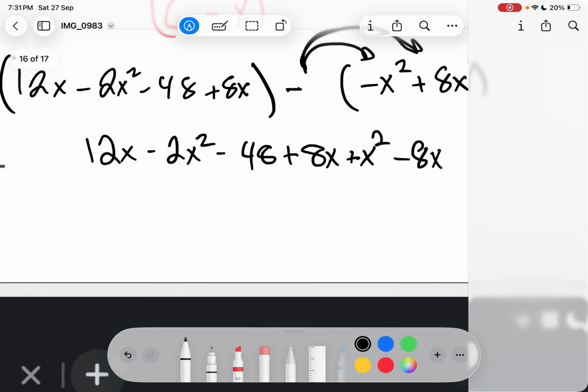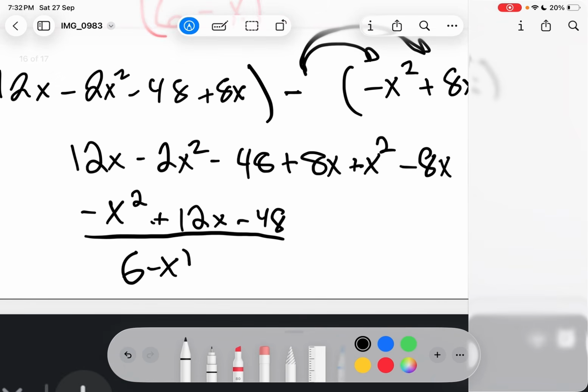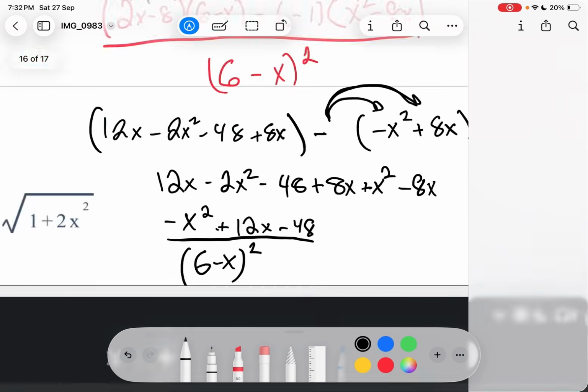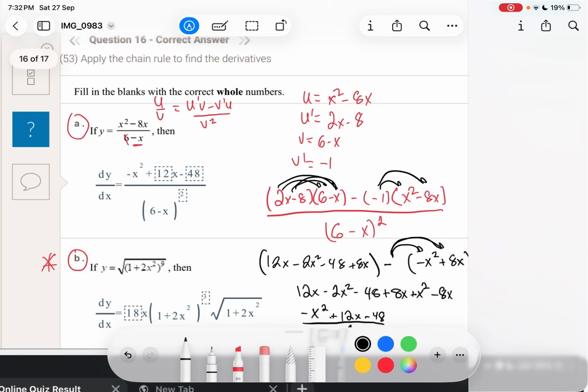So it will be minus 2x squared plus x squared is minus x squared. 12x plus 8x minus 8x is plus 12x, and then minus 48. Now you're done with the numerator. Now you do the denominator, which is 6 minus x to the power of 2, and that's your final answer for part A.